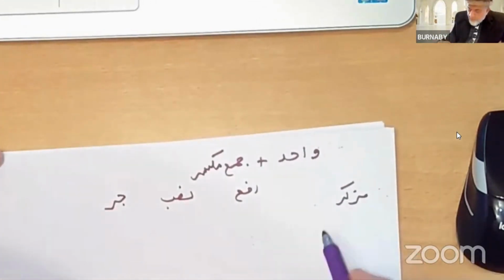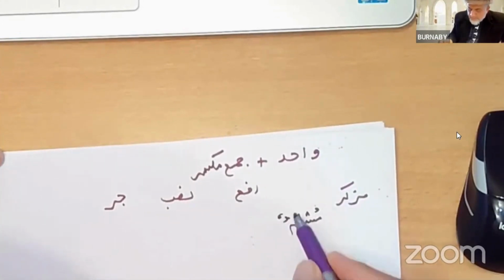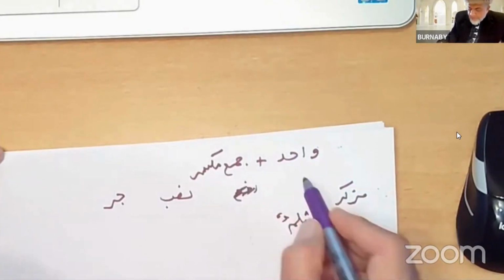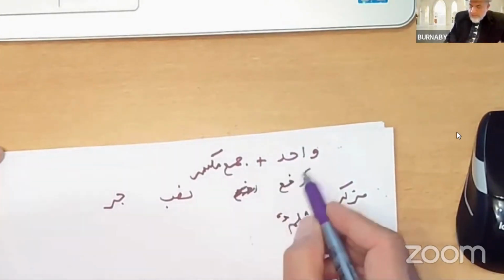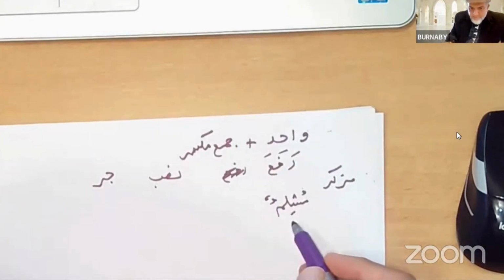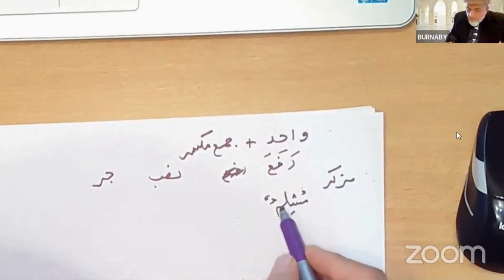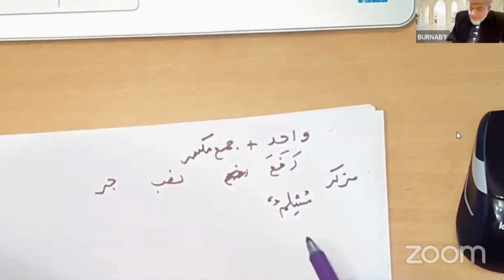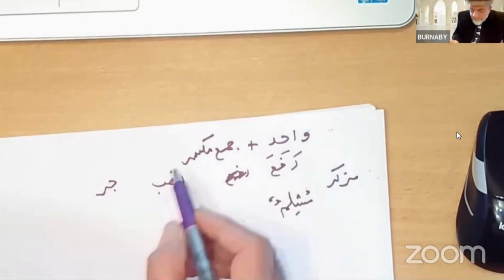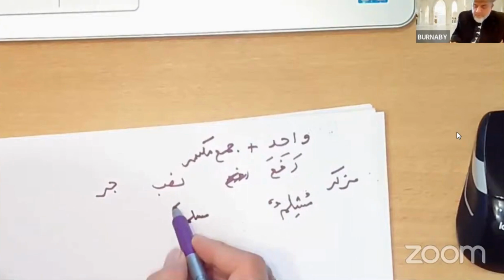So my word is Muslimun. I should put Rafa here. Is Muslimun by default Rafa? Yes. What is the last letter of Muslimun? Meem. So in the Nasab part, I am going to put Musliman.